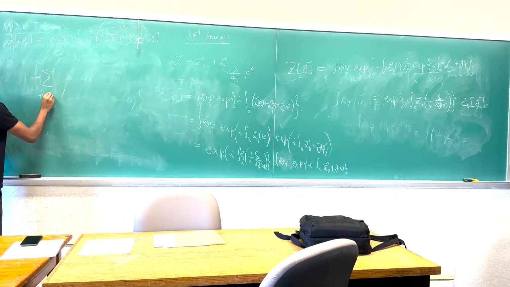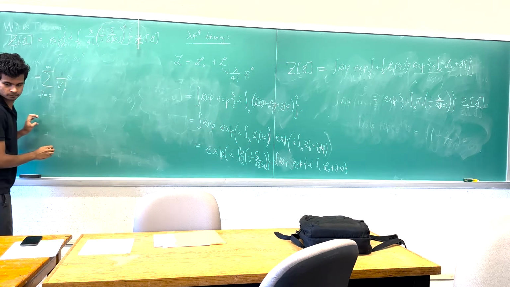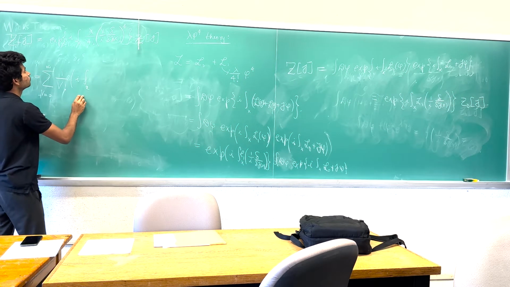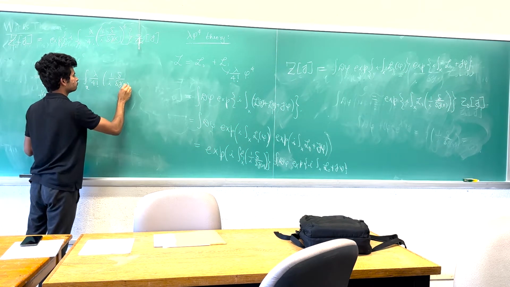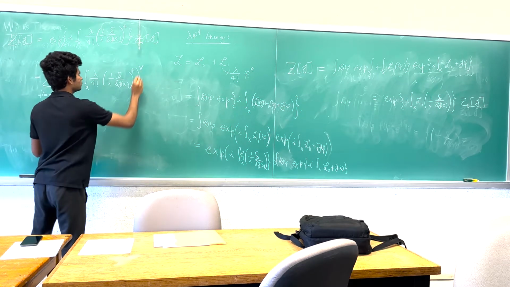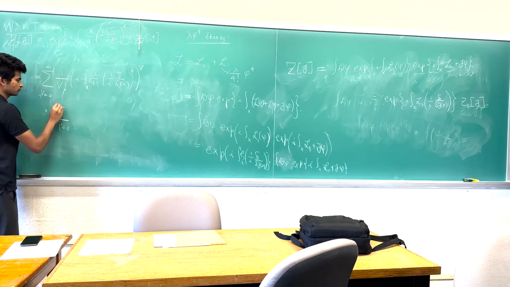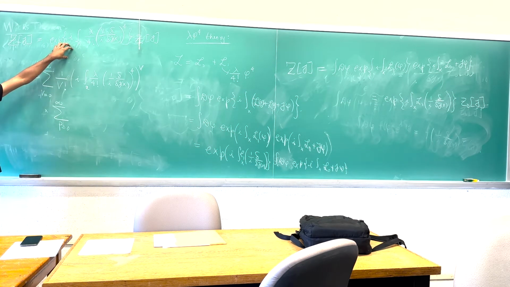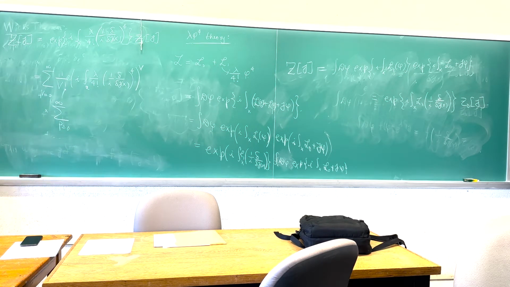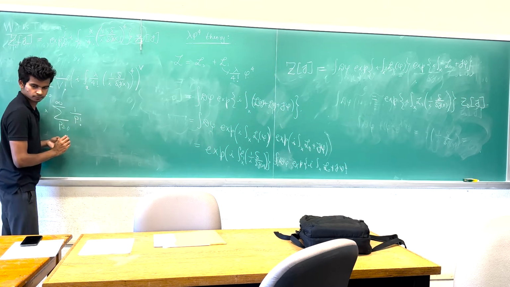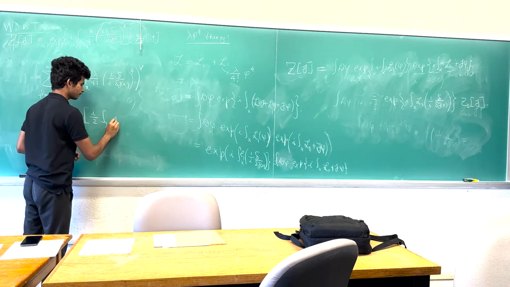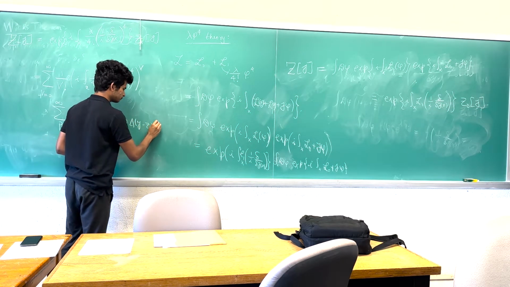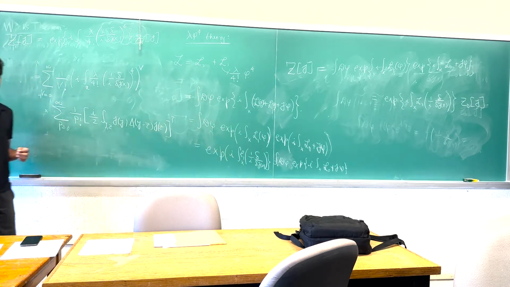This is the expansion of the exponential, and now this piece we have already computed here, so we can just use that. Is that all right?